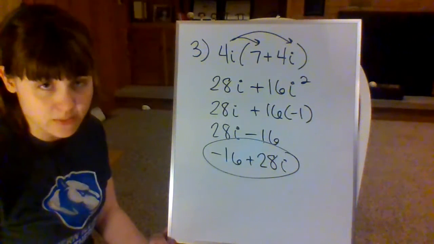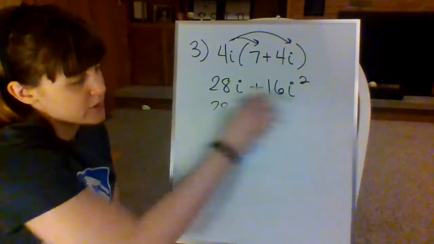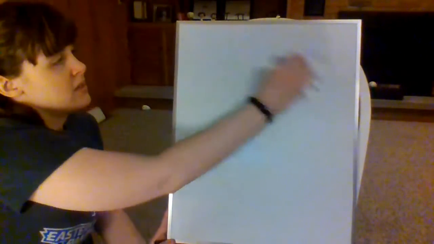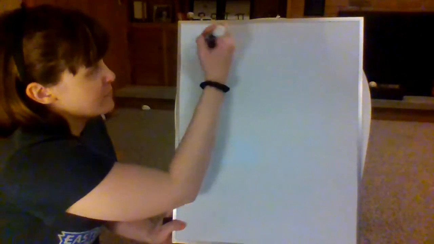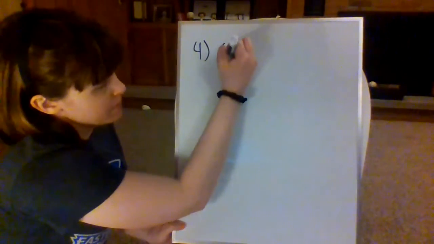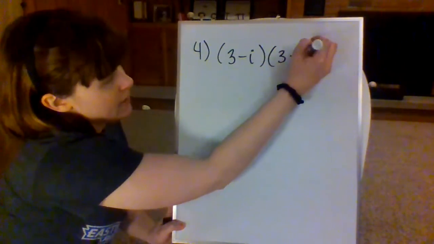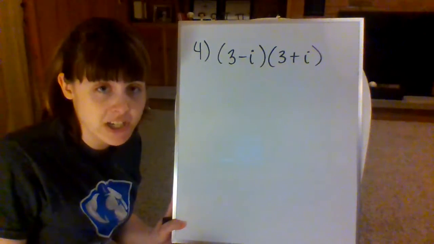Right, now the last one is special because certain parts are going to cancel out when we do the FOIL method. So you'll see what's left when that happens. Okay, certain things are going to cancel out in this problem because these are actually conjugates of each other.